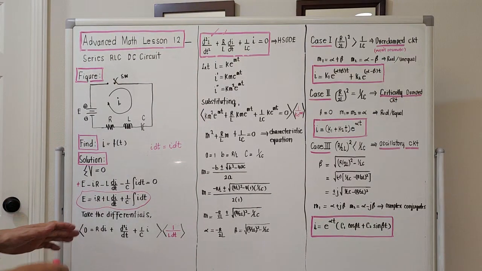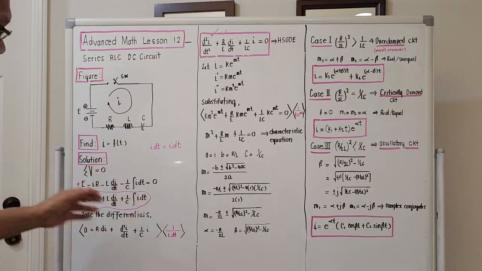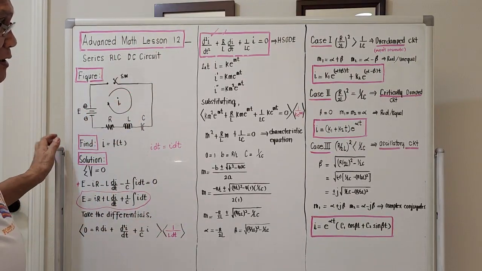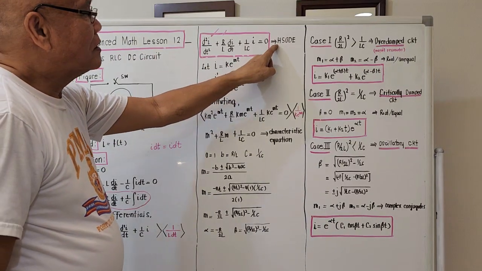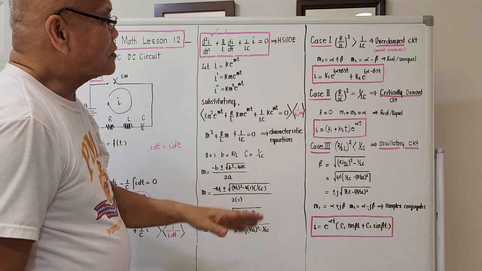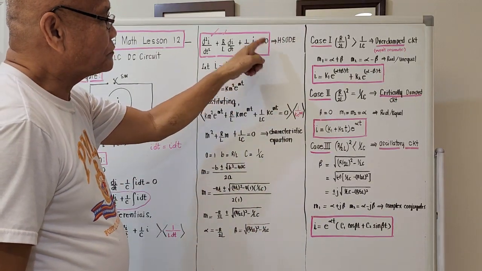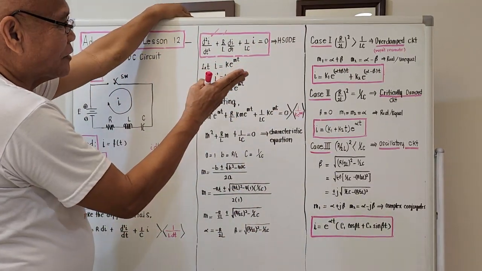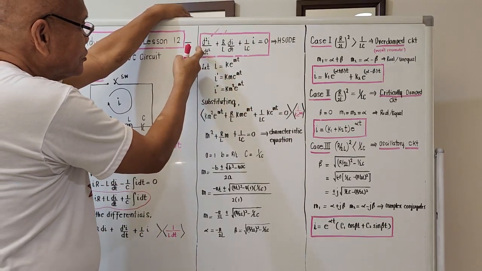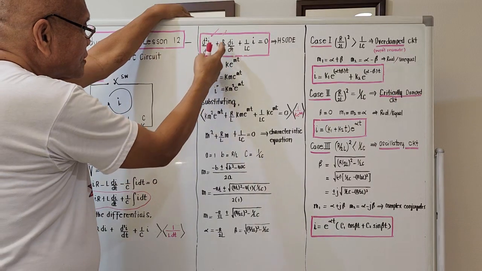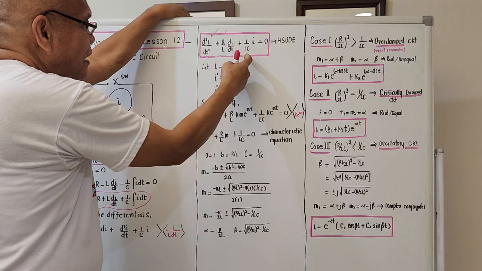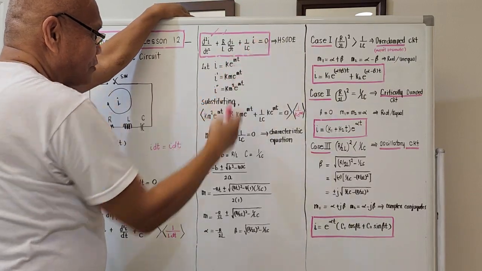After taking the differential and multiplying all the terms by 1 over L dt, what comes out is a homogeneous second order differential equation. Why homogeneous? The right hand side is equal to 0. We are now given the second order homogeneous differential equation: d square I over dt squared plus the ratio R over L times di over dt plus 1 over LC times I, and this should be equal to 0.